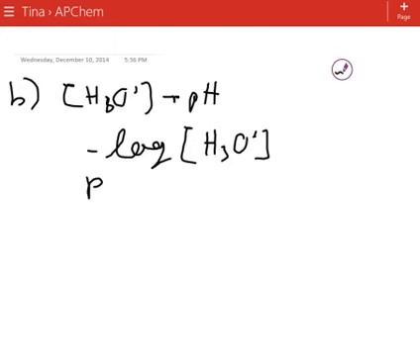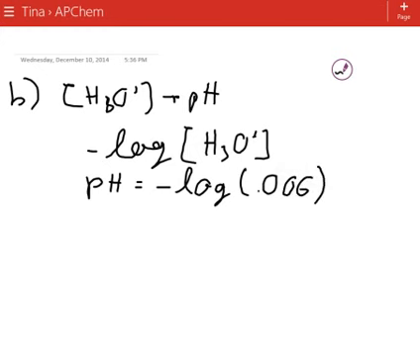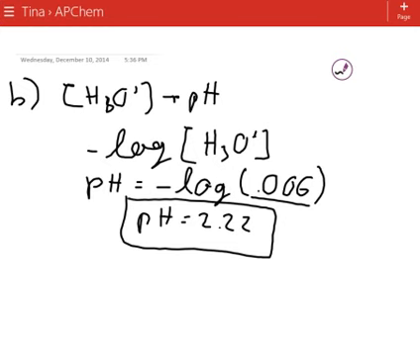So negative log of the concentration, which we found in part A, is 0.006. We will plug that into the calculator, and we will get the end result of 2.22 if we round to sig figs. And this is our answer.